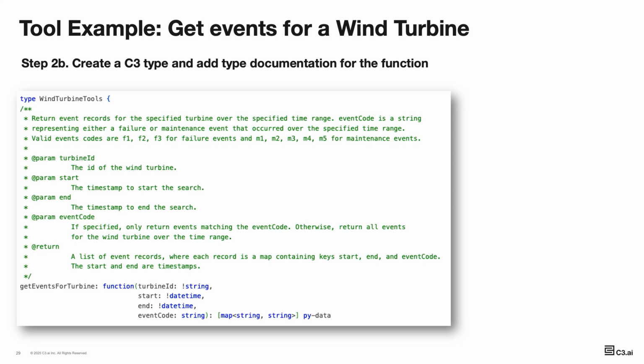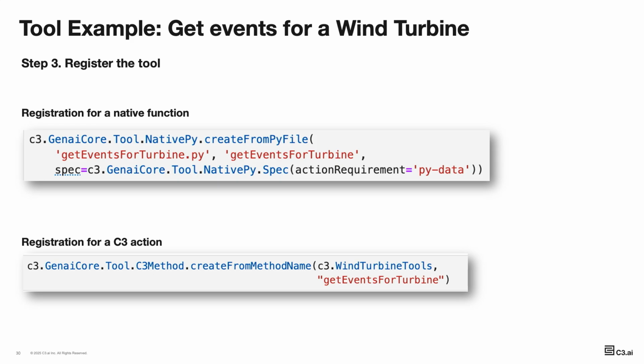And this means all the actions that are used to build our applications are available as tools for building agents. Okay, so the final step is we need to tell C3 this is a tool, so there's an API call to register this as a tool, slightly different in the two cases. In one, you give it the Python function in a file; in the other, you give it the type and the action name. So that's all we need to do to create a tool in C3.